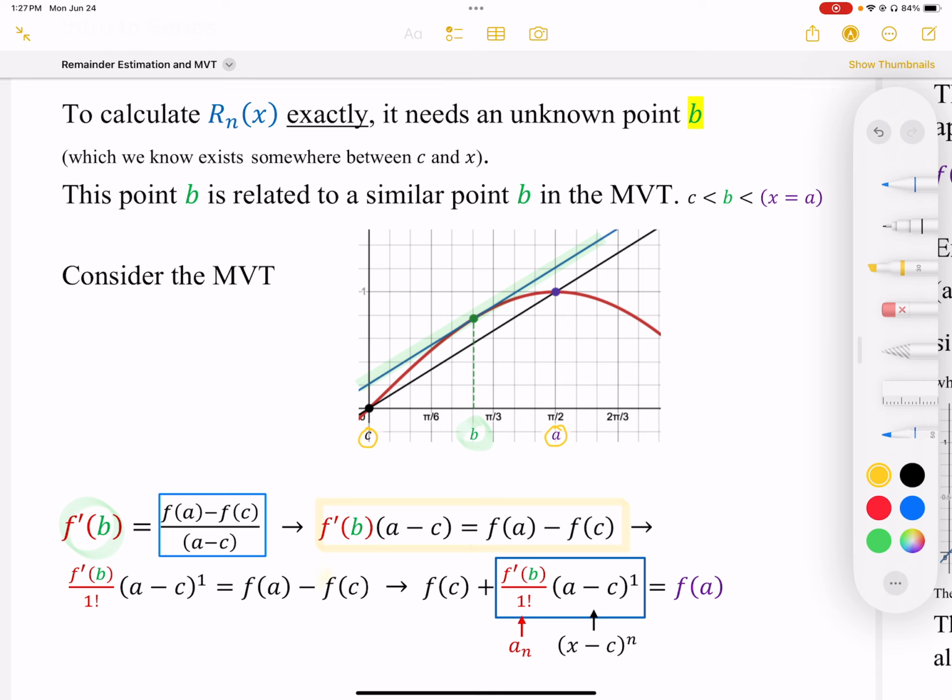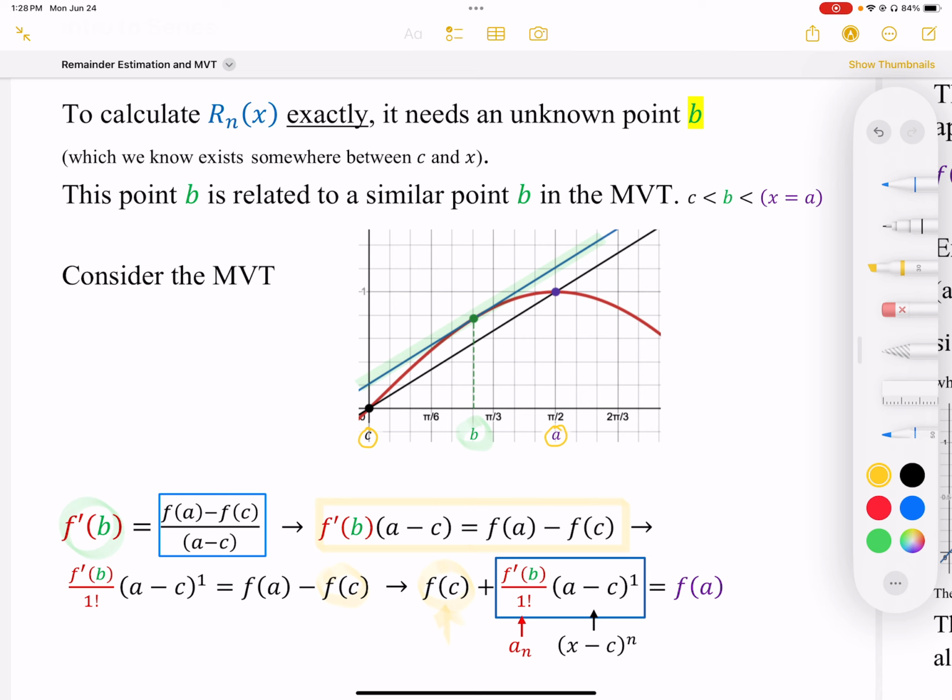Then if we rearrange this and move that f of c to the other side of the equation, we end up with f of c, which is our first approximation, plus f prime b over 1 factorial times a minus c to the power 1. And this is going to be equal to the actual value at a.